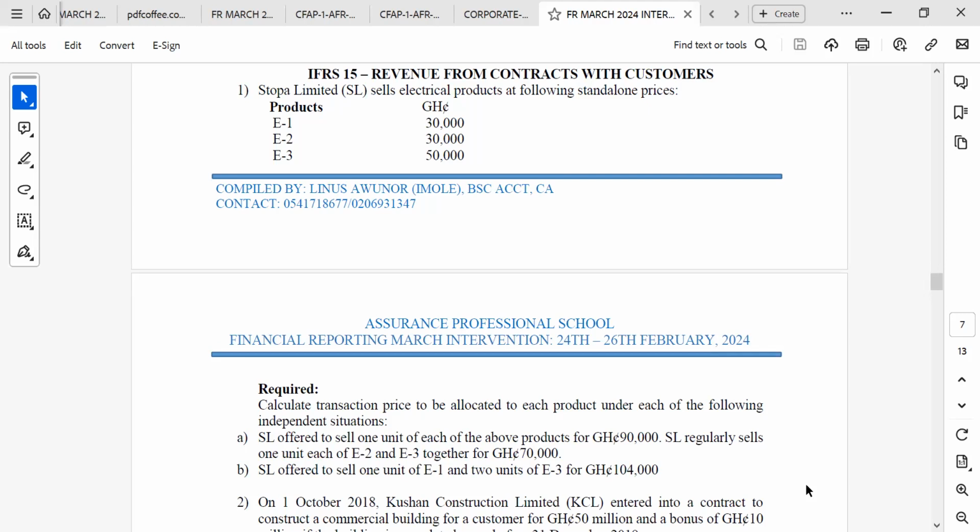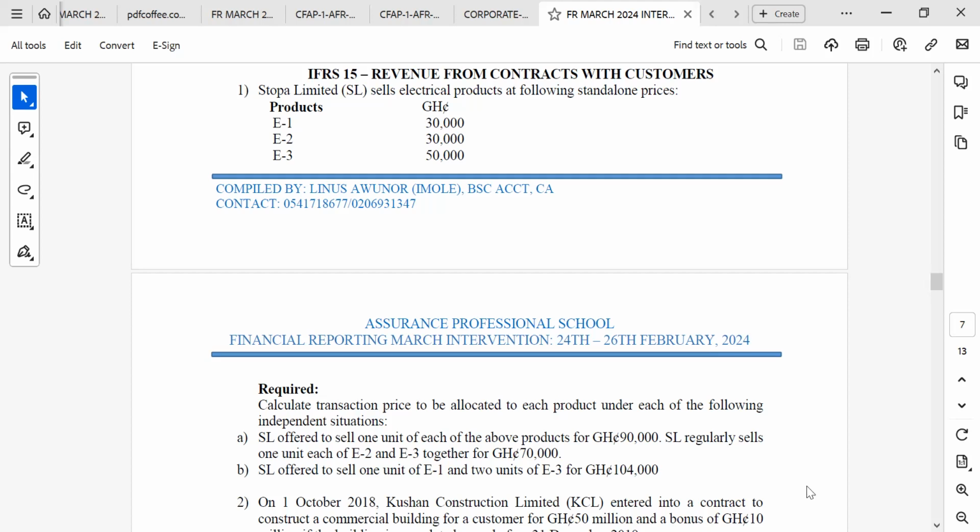So first you assume that if they are selling them one by one, that is the price we have calculated. Right now, let's assume that the company is selling all of them for 90,000 again, but E2 and E3 can be sold together for 70,000. It means that E1 is sold for 20,000.